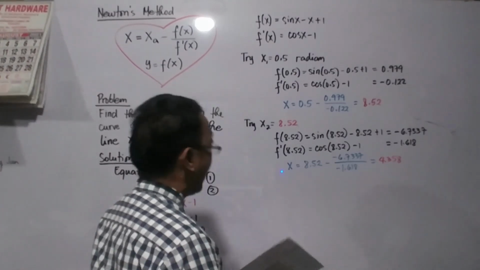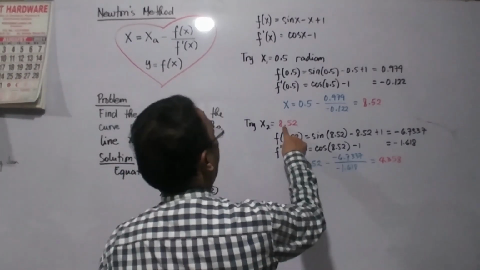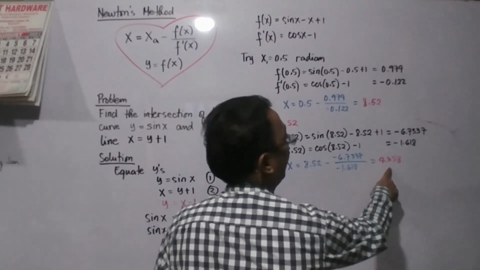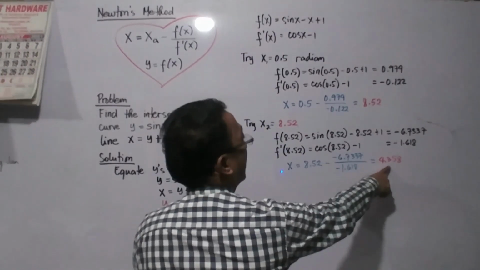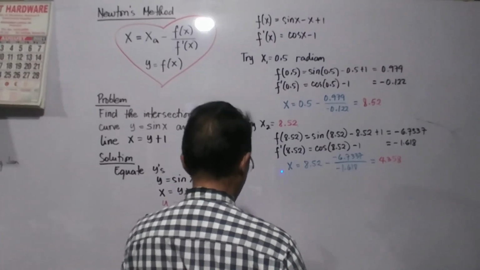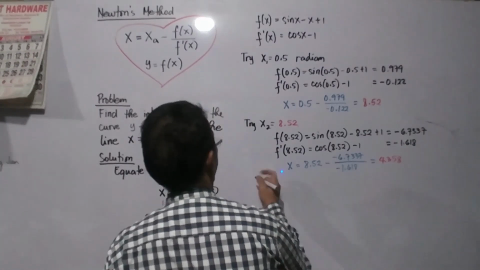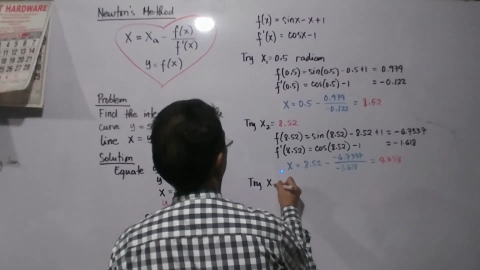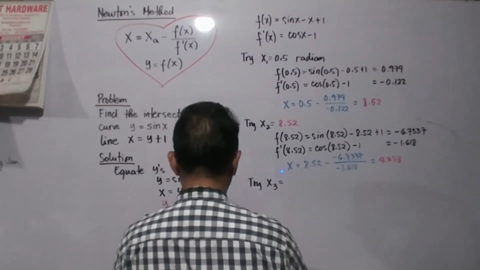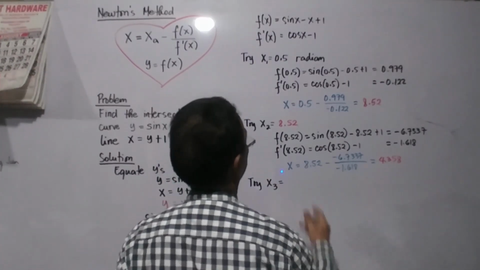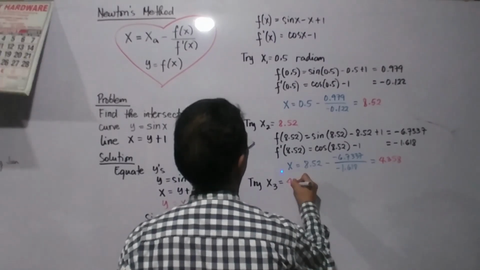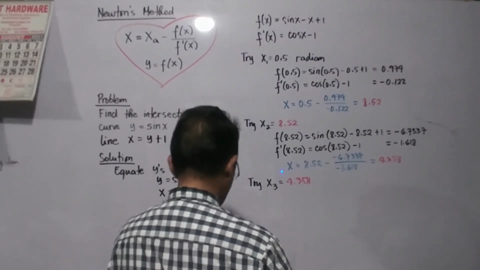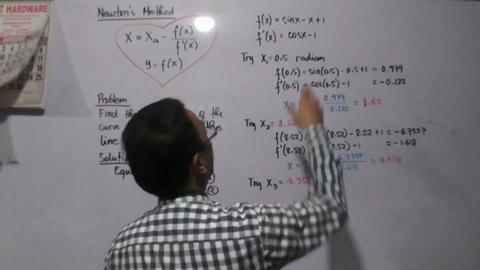As you notice again, 8.52 is not equal to 4.358. Then, use that again as your next trial value. Then, repeat the same procedure.